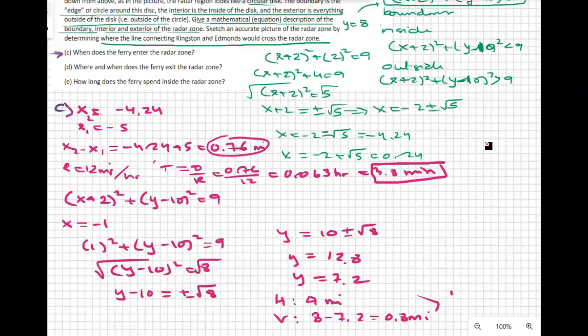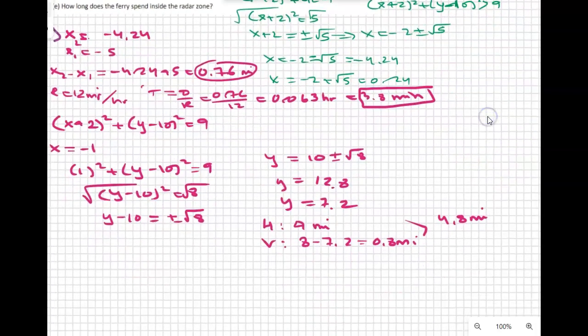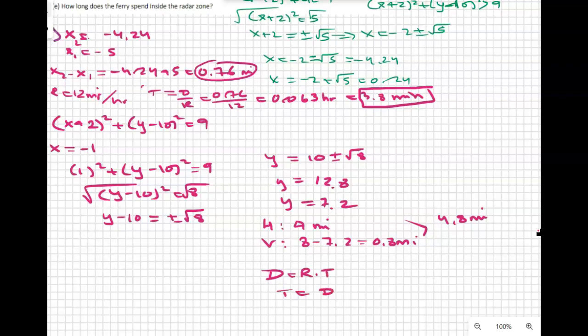So in total, the ferry covered 4.8 miles before it exited the radar zone, at 12 miles per hour. Distance equals rate times time, so time is distance over rate: 4.8 miles divided by 12 miles an hour gives me 0.4 hours. If I multiply this by 60, that gives me 24 minutes.